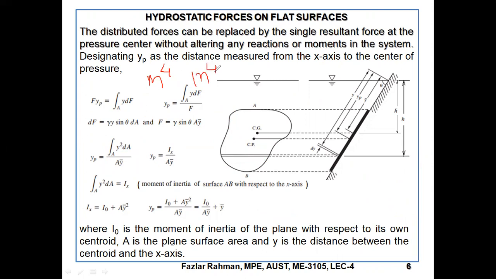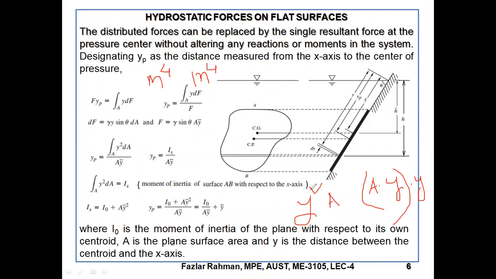So what is that one? Second moment of area. That means you take the first time moment of area, y into area. The second time you take again by distance, so it's coming y square into A, right?